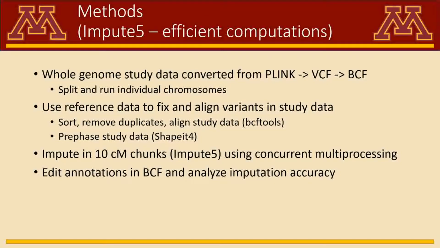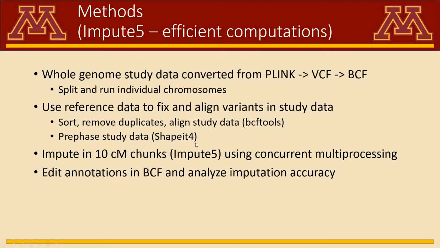So the first one we'll look at is Impute5, which I found to be very efficient computationally. I believe this is due to a few reasons. First of all, it is able to take an input of a BCF file, and I found out BCF has really blown VCF out of the water in terms of efficiency. Because of that, I decided to also use Shapeit4 for prephasing, which can keep everything in the BCF format.